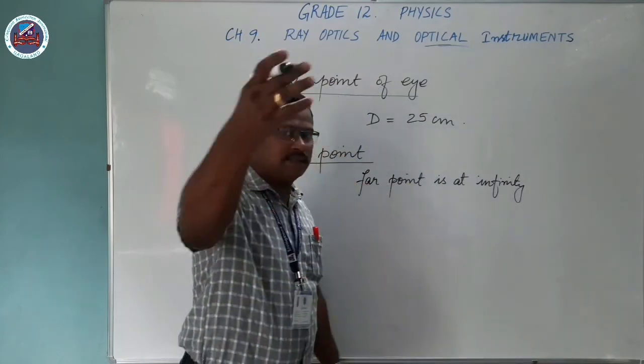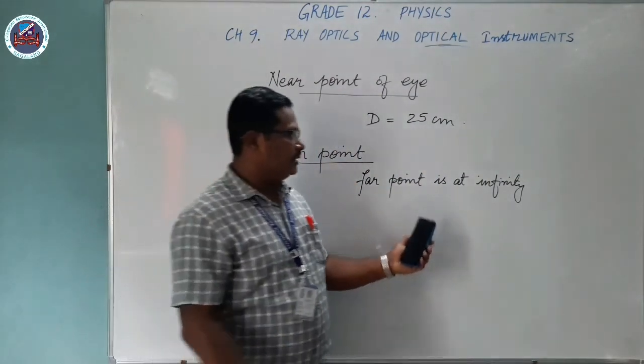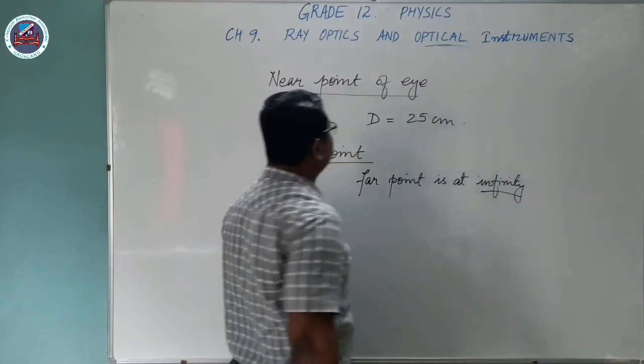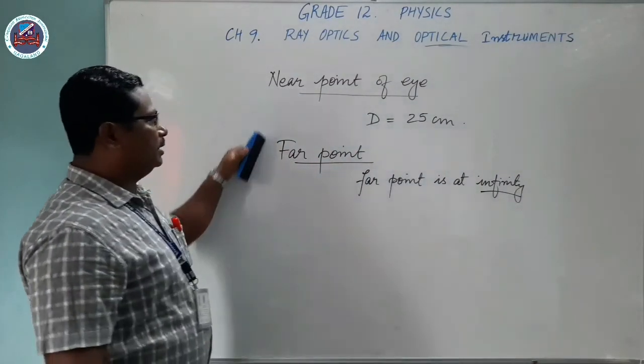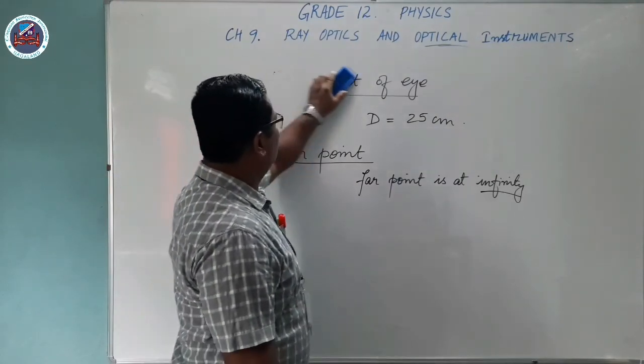The farthest distance that our eye can see, we call it the far point, and it is taken as infinity. Now, after knowing these two terms, let us discuss the microscope.